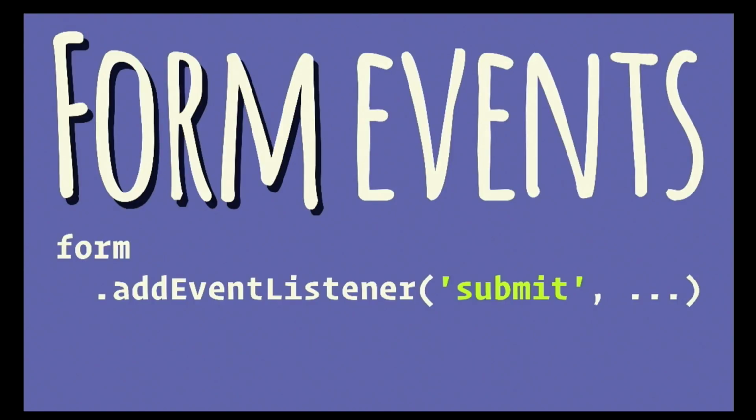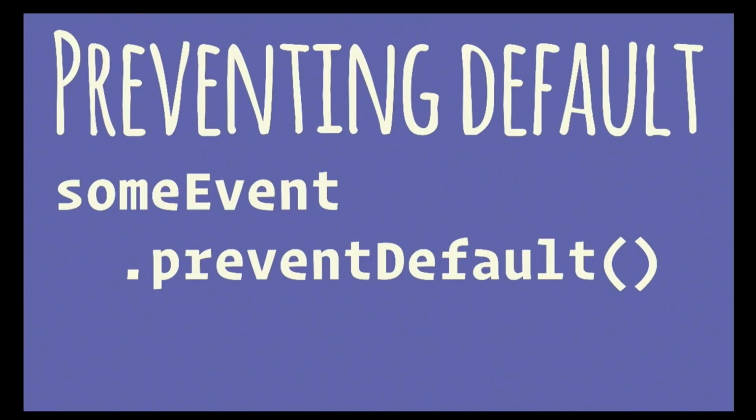And some events, including form submissions, have default actions, and sometimes we don't want those things to occur because we want them to do our thing instead, and doing the default action would kind of ruin everything by refreshing the page. In that case, if we have an event object, we can prevent default, and that event object will be passed as an argument to our event handler every time.